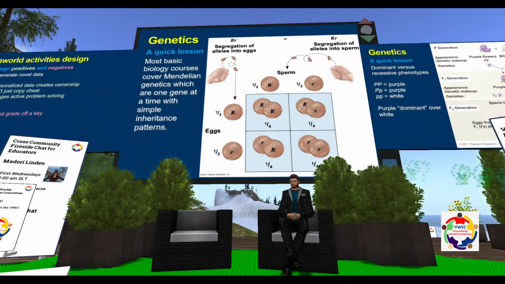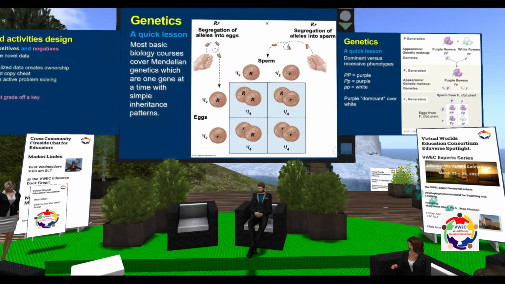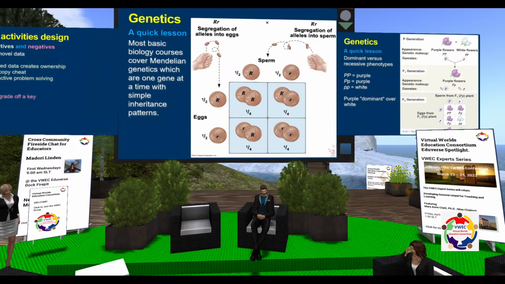If there's a 50-50 chance of one of two things coming from the sperm and a 50-50 chance of something coming from the egg, then there are 4 different possibilities. At least in most cases, if there are only 2 choices from each, there's a total of 4 choices represented here. This is your standard Punnett square. It's very basic math. And so the challenge is not to teach them probability. The challenge is to help them understand how this relates to biology.